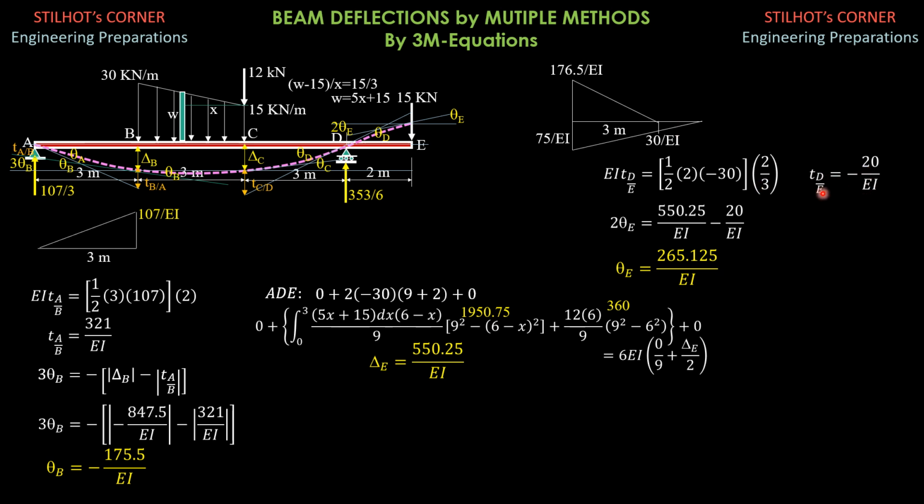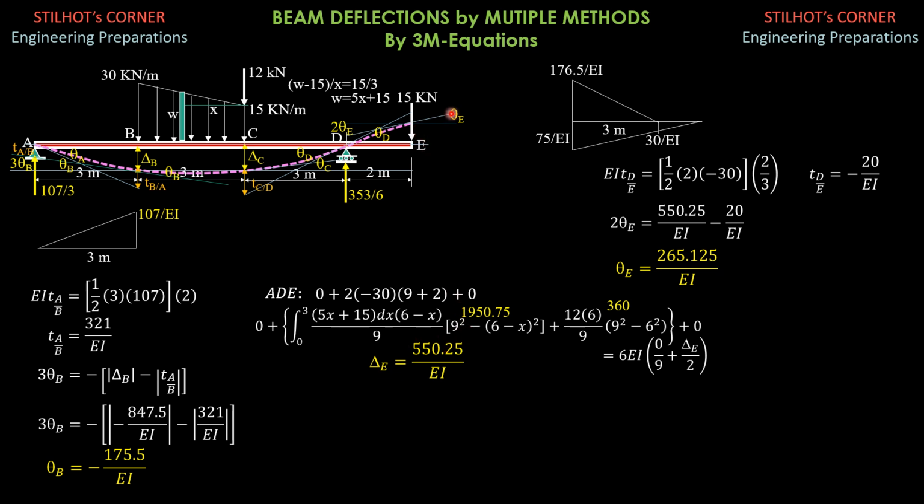Deviation of D relative to E is negative because point D, which is this on the elastic curve, is below the reference tangent at E, as shown in the figure. But this vertical deviation of D relative to E, the magnitude is less than delta E, which we have just computed, 550.25.